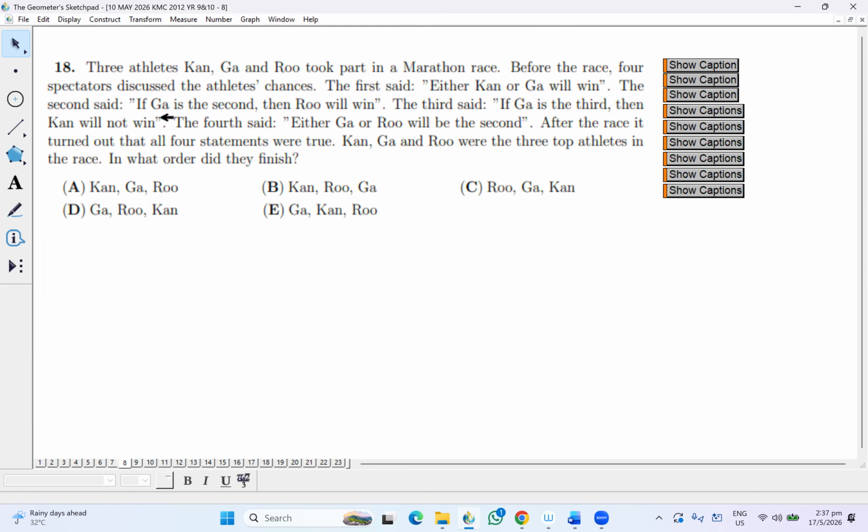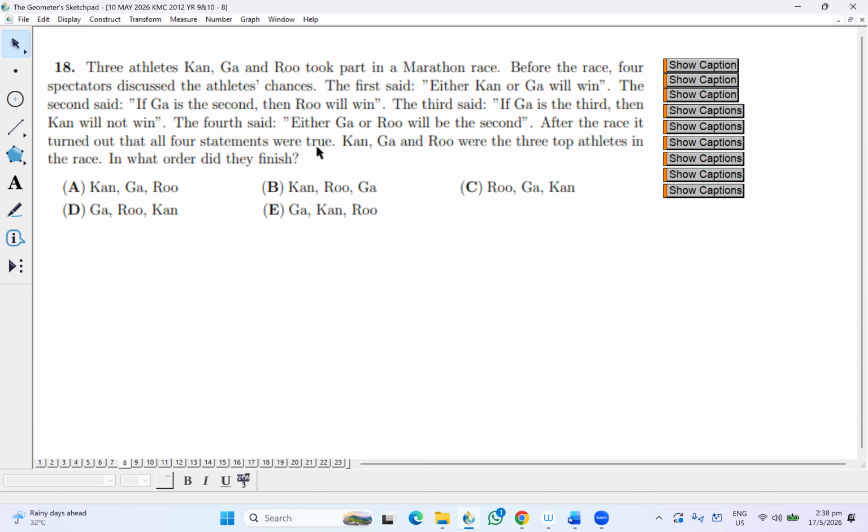The second says if Ga is second, Ru will win. Third says if Ga is third, then Kang will not win. Fourth says either Ga or Ru will be second. They all talk only. After the race, it turned out all 4 statements are true.